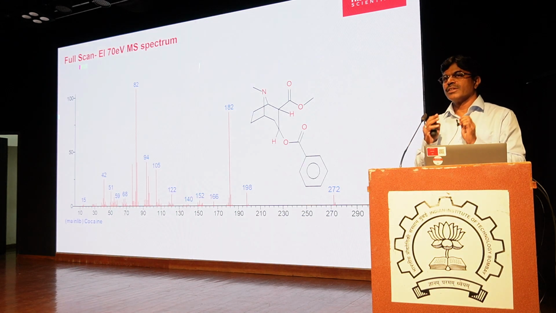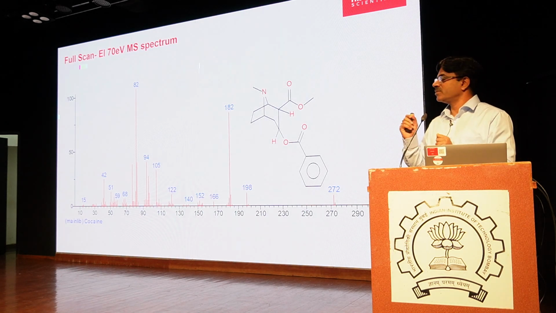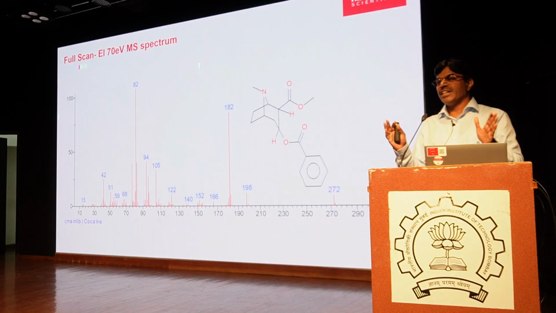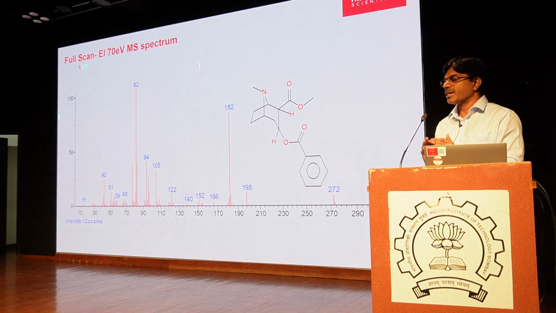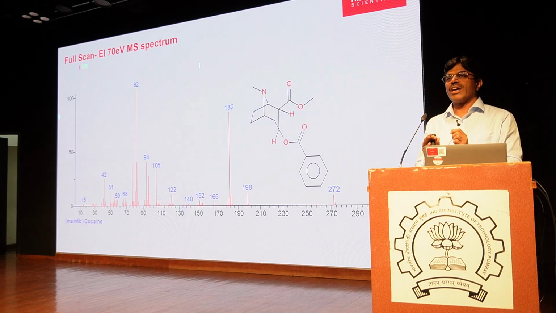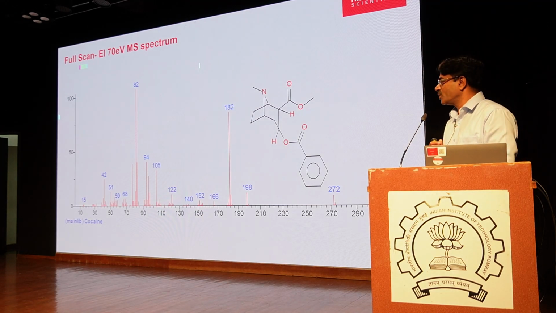This is a very important identification tool. It will never change anywhere. You can do this analysis on any mass spec, anytime, and it is not going to change. All molecules have a unique EI spectrum, which is a fingerprint of that particular molecule.